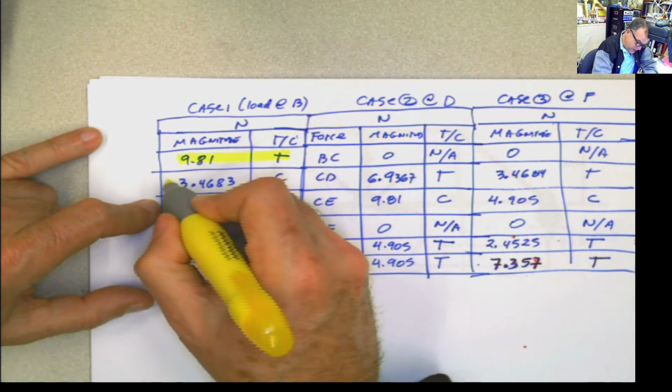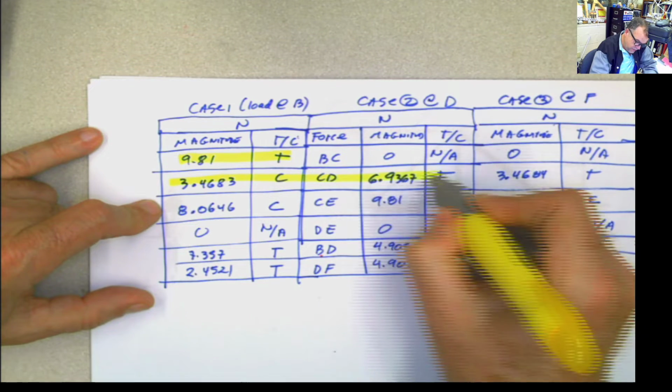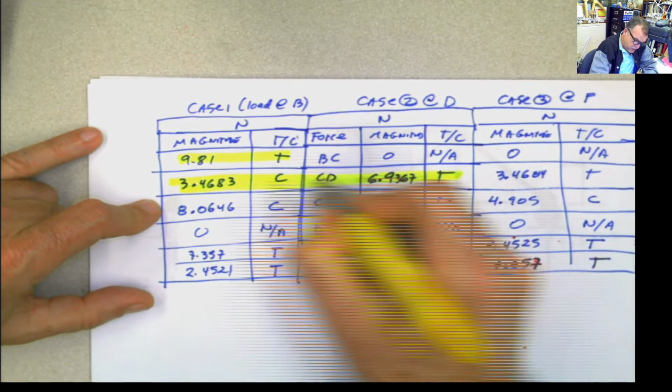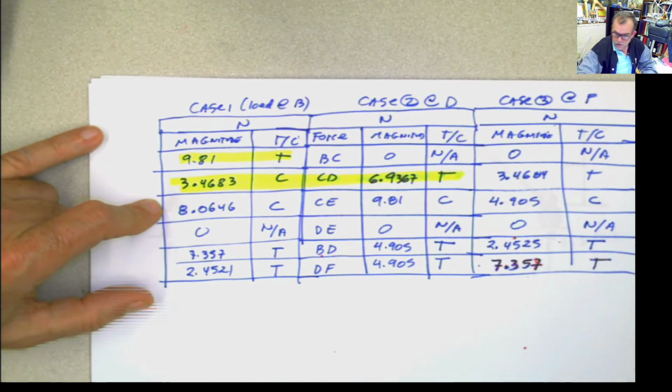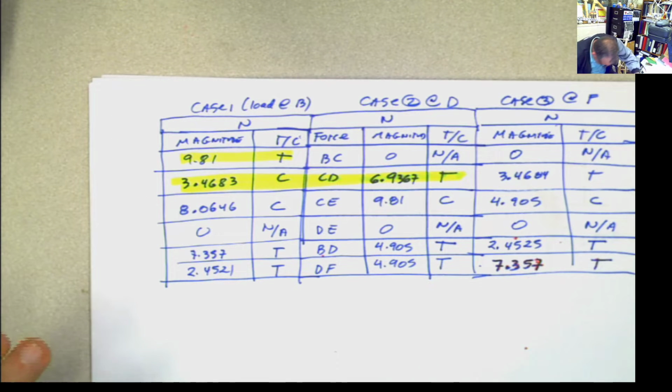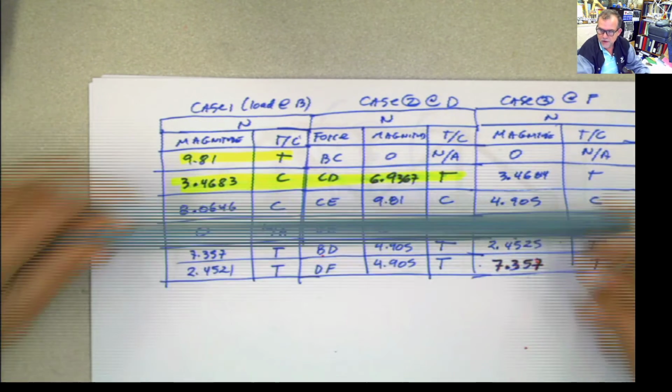Well, then you have to design that bar by both conditions. And why both conditions? Let me see if I have something. We always have something. Yes, I have something. Look at this.